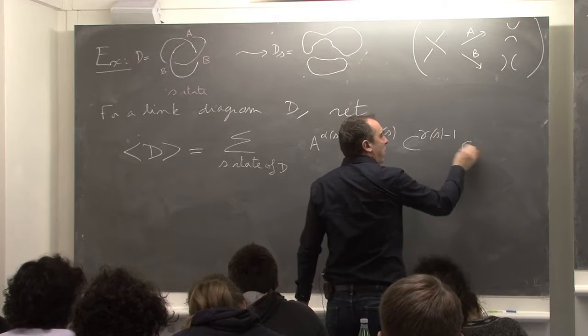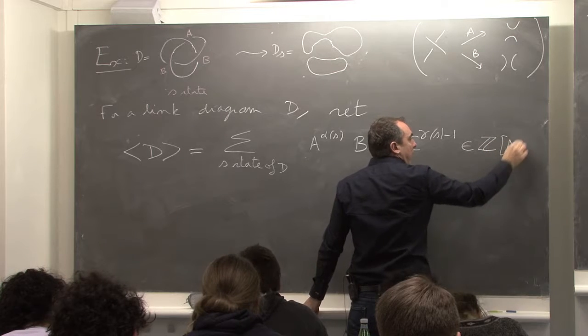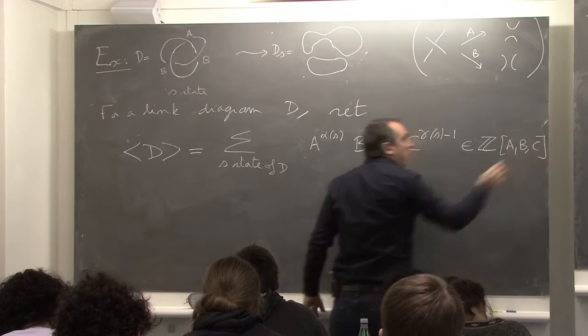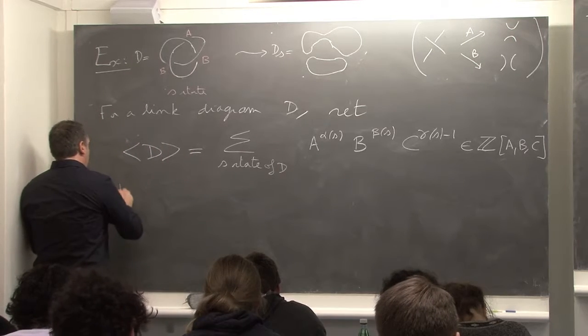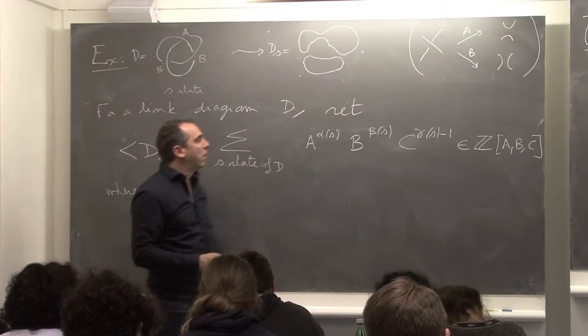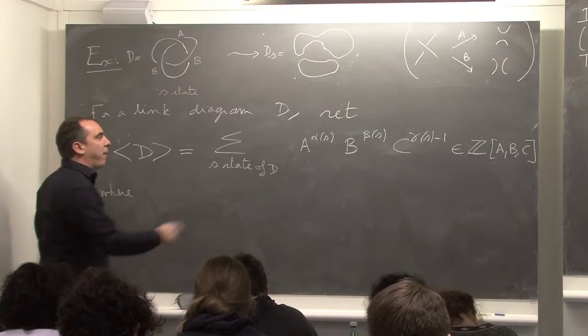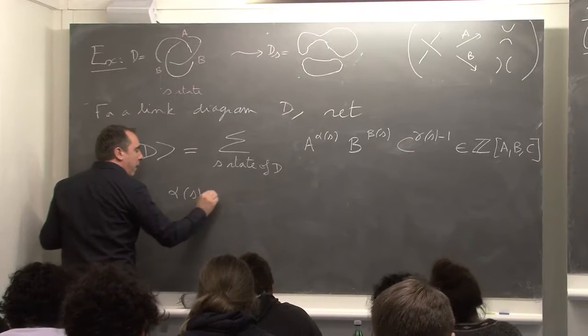So this is a polynomial in 3 variables, a, b, c. And here, I need to define the numbers alpha S, beta S, and gamma S.